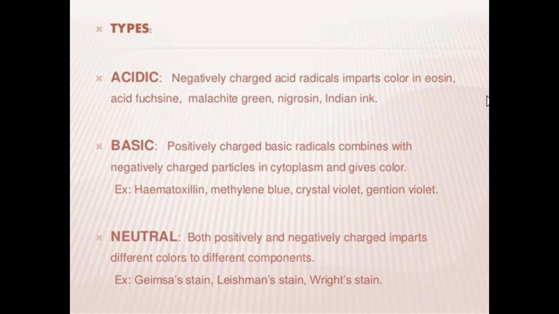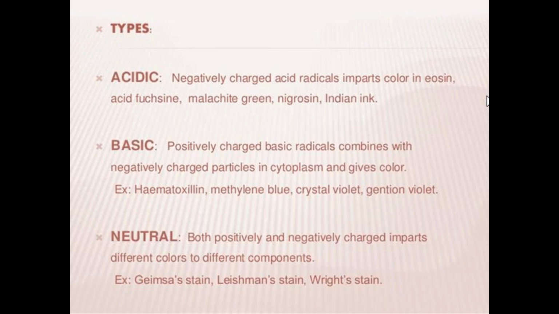Cations means the positively charged radicals, and they combine with the negatively charged particles, which are mainly present in bacterial structure or nucleic acids. That means the basic dyes mainly interact with the nucleic acid structure.